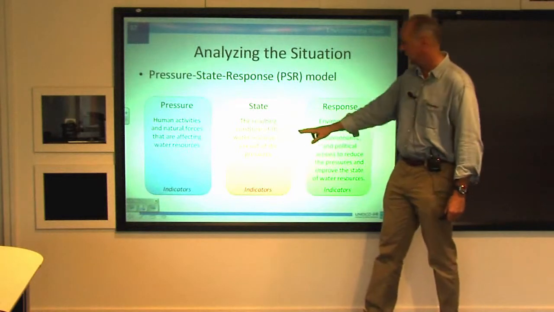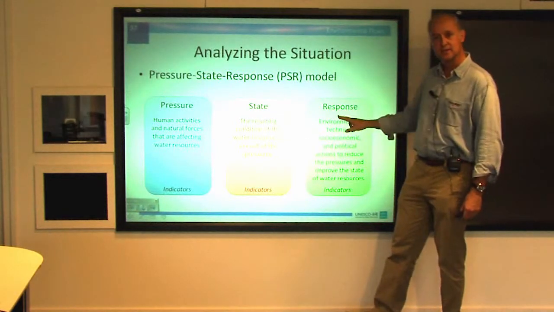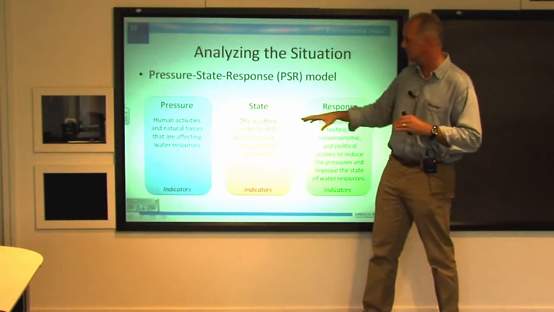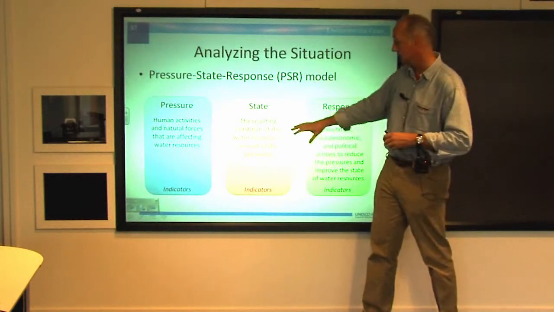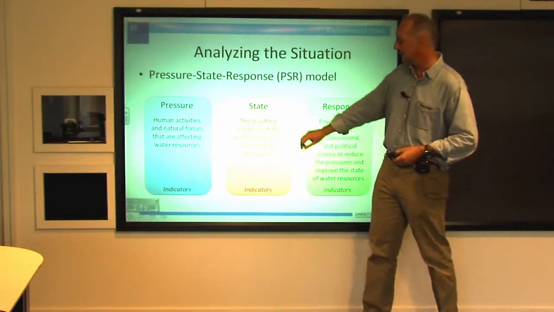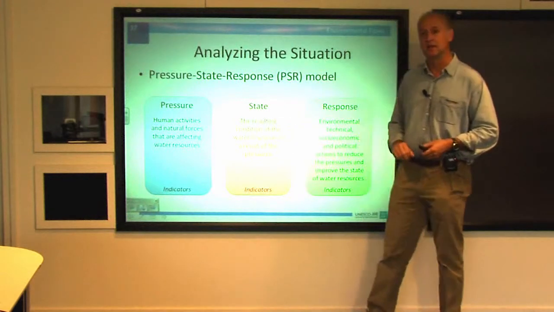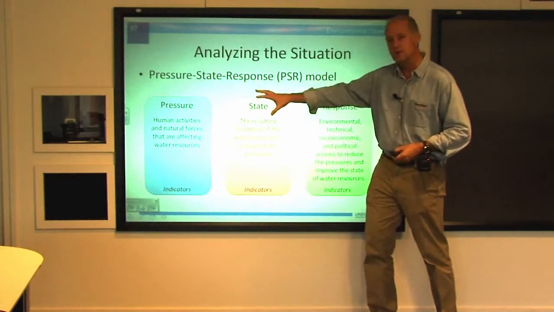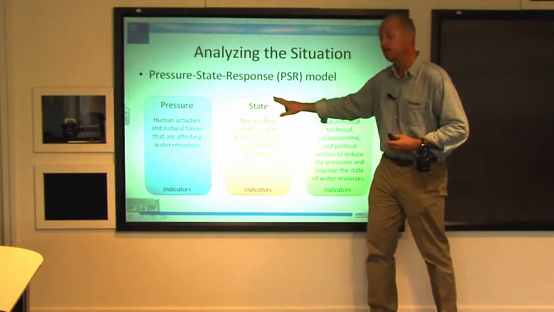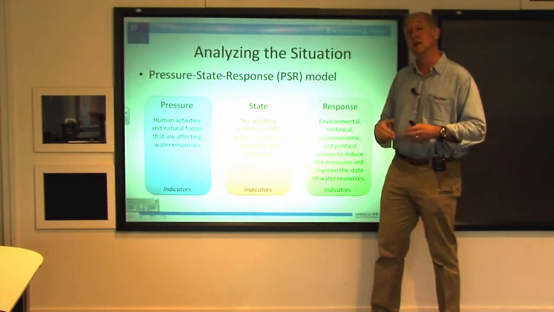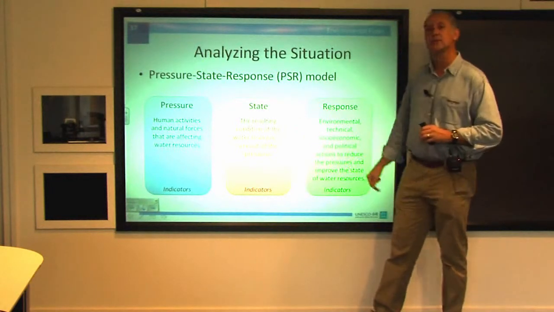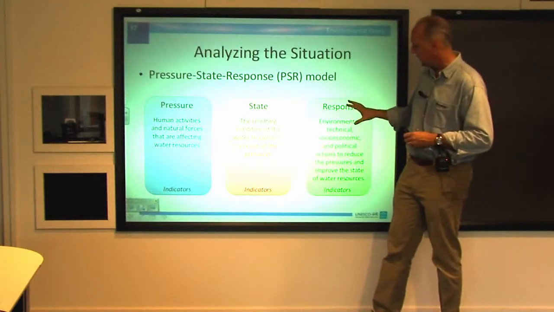And the question becomes, what are the appropriate responses in order to either slow the decline of condition, the degeneration of quality of the system, or to improve the condition of people and aquatic ecosystems? So a pressure leads to the current condition of the system, and generally these involve conditions that we are not satisfied with, that we would consider to be problems. So therefore, what are some of the responses that can address them?